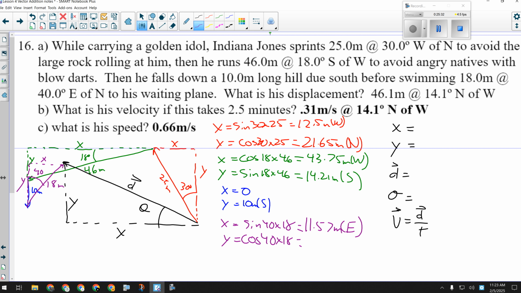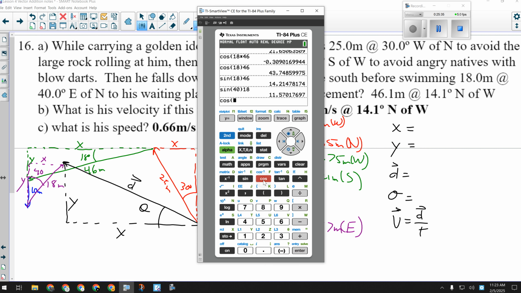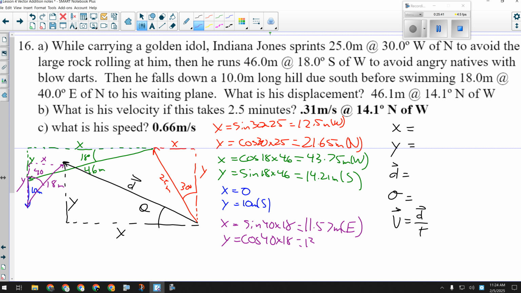That one's going to be north. So that side's 13.79 meters, and that is north. Now we finally got all the x's and all the y's. Now we can find our resultants, x and y. In other words, how far west and how far north Indiana Jones actually runs over the course of the opening scene of the movie.